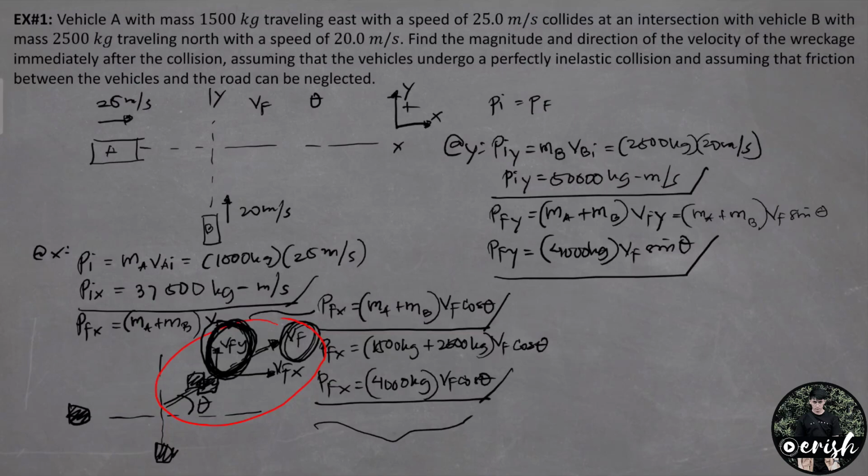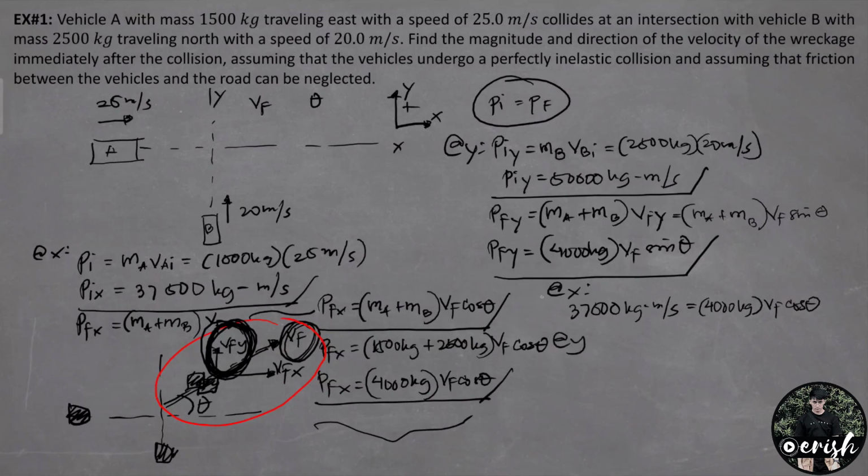To apply the conservation of momentum, let's use this equation here. At x component, initial momentum natin is 37,500 kilograms meters per second is equal to 4,000 kilograms final velocity cosine theta.